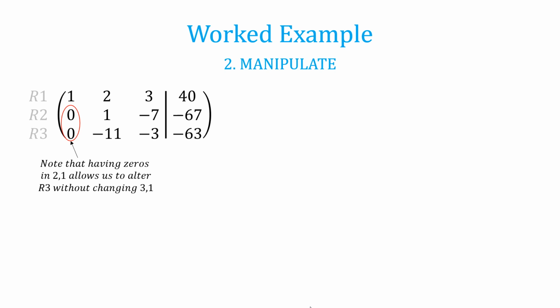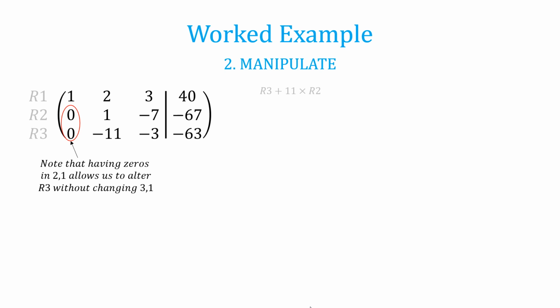So we can now do row 3 plus 11 row 2, and that will give us a 0 in row 3 column 2, and it'll also keep a 0 in row 3 column 1. However, if we used row 1 here, for example row 3 plus 5.5 row 1, that would give us a 0 in row 3 column 2 where the 11 is, but where the 0 is at the bottom left, adding on 5.5 to 0 gives us 5.5, so we'd undo the hard work we've done in getting that first 0 there.